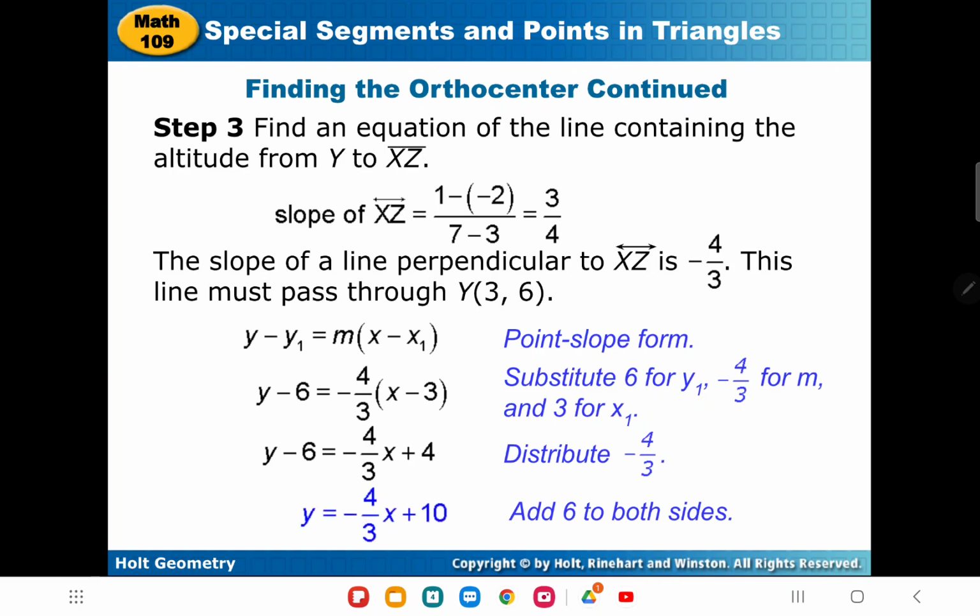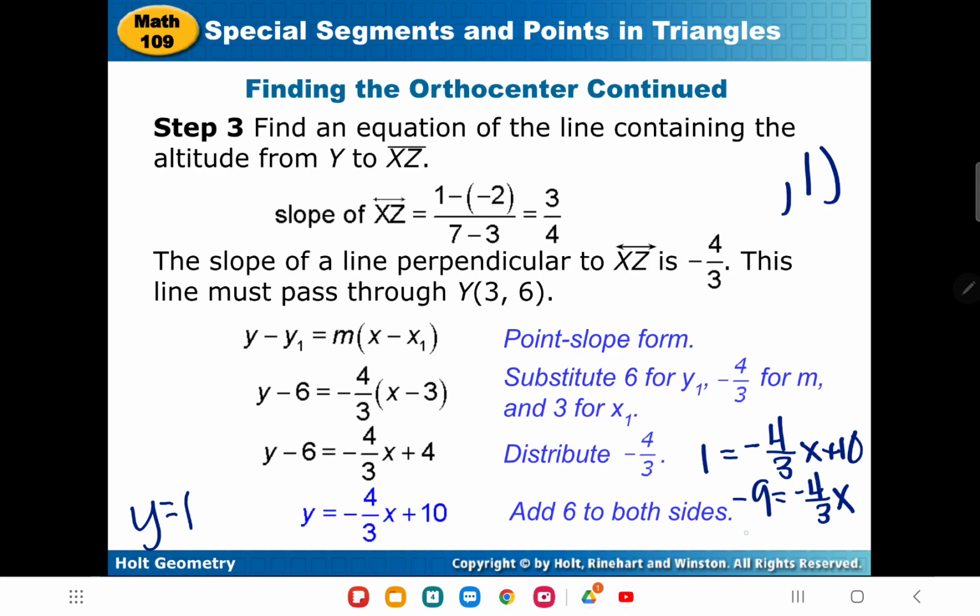Now, as you recall, we had y equals 1. So we already know that is going to be the y coordinate for our orthocenter. To find our x coordinate, we're going to substitute 1 in place of y: negative 4/3 x plus 10 equals 1. So negative 9 equals negative 4/3 x.